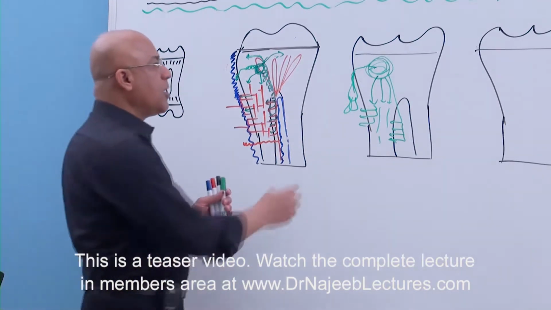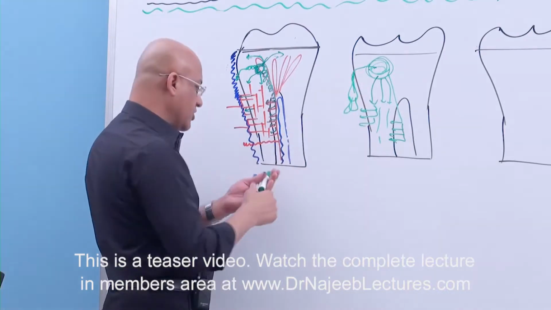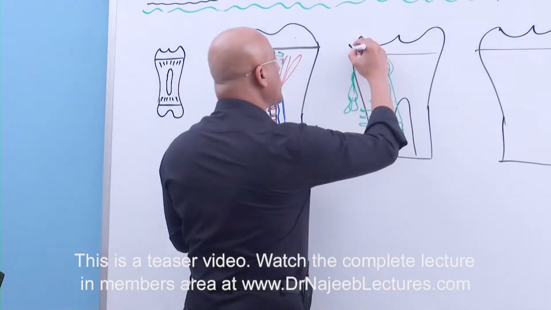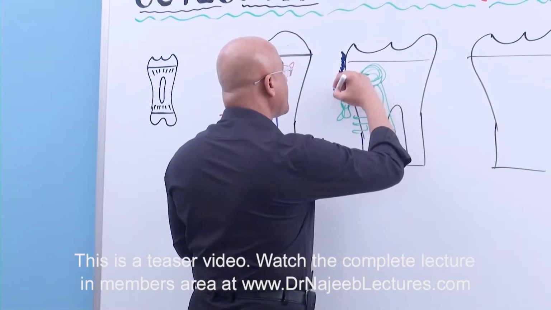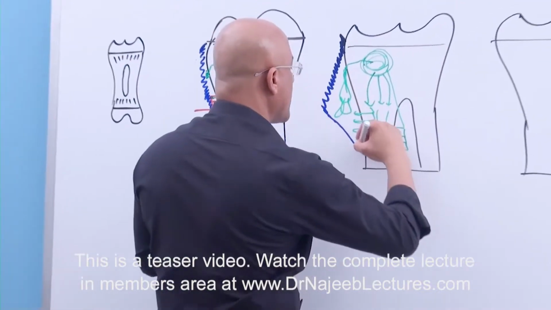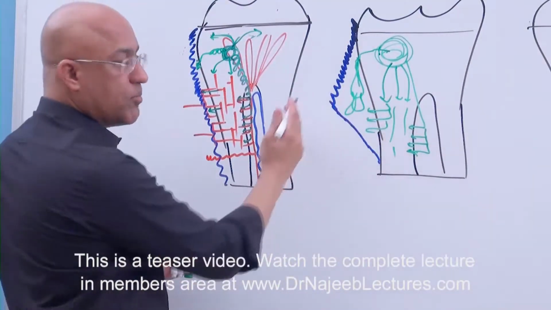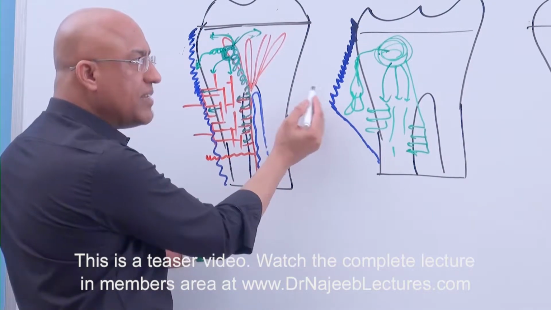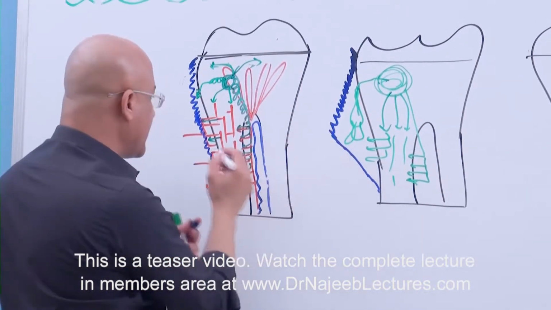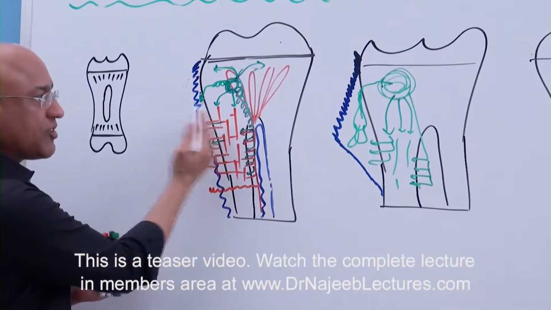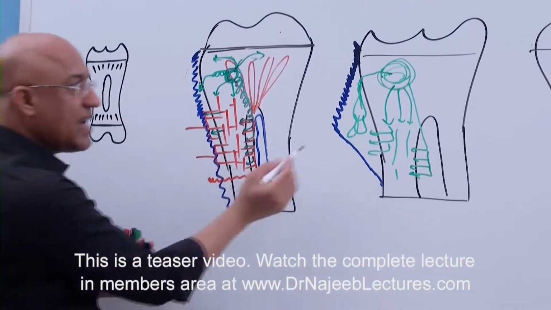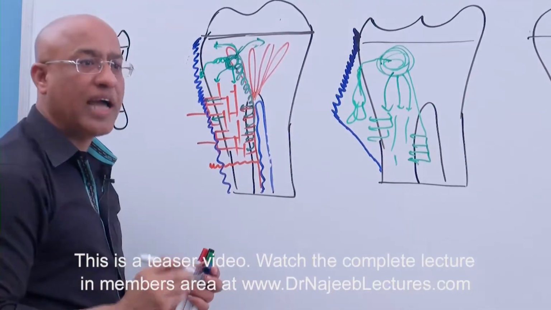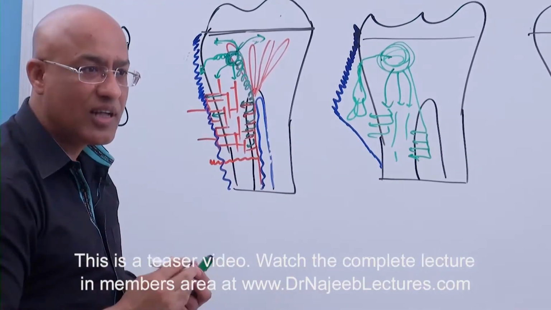And meanwhile, pus has reached under the periosteum and it lifts the periosteum off the bone. And when the periosteum is stripped away, periosteal blood vessels are also broken away, and another source of blood flow is lost.